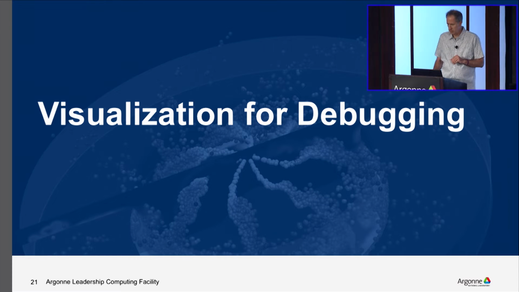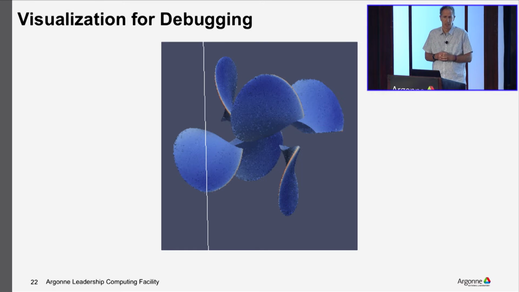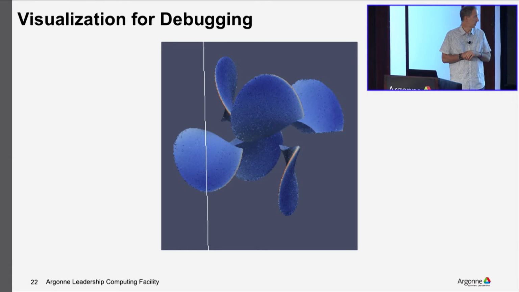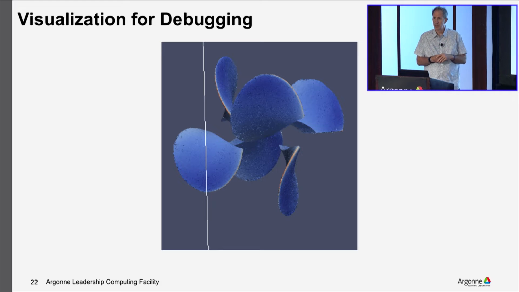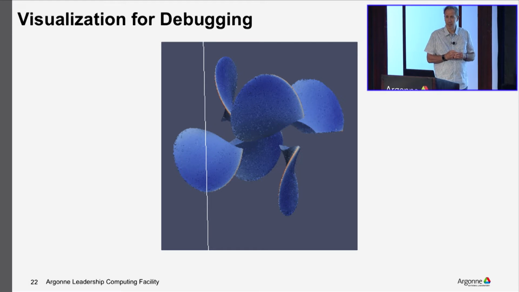There are a couple more slides from me before I pass it on to Silvio, talking a little bit about using visualization for debugging. I like to show this example because I was working with a team, actually the same people that did the blood flow I showed at the beginning.